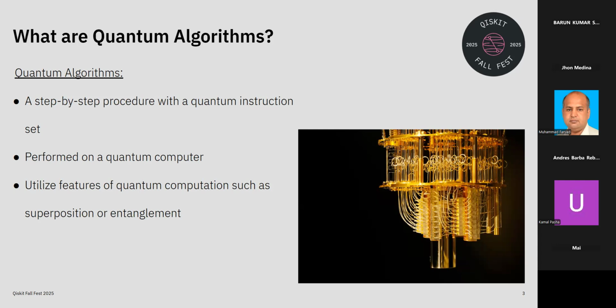This means we need to focus on algorithms that utilize the natural features of a quantum system in order to solve problems, including superposition, entanglement, and interference. Because we have such a new tool set, we're able to create new algorithms, and the goal is to find algorithms that show efficiency over their classical counterparts just by using these quantum features.